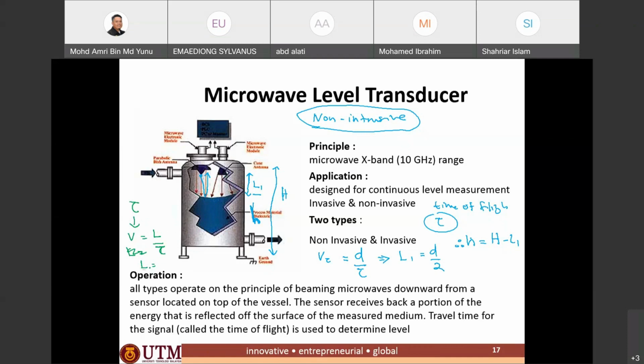So L1, which is the top one, is L over 2. That way we know the distance between the sensor and the surface.